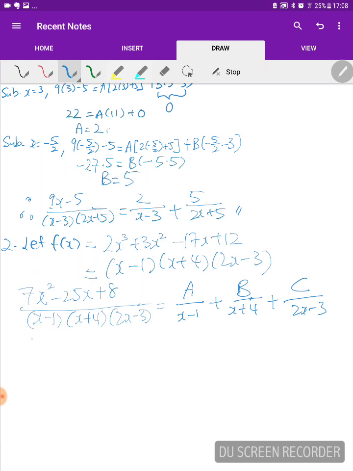So, same thing. Step number 1, multiply both sides by the denominators.